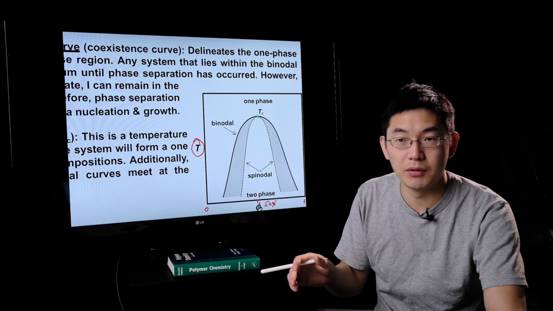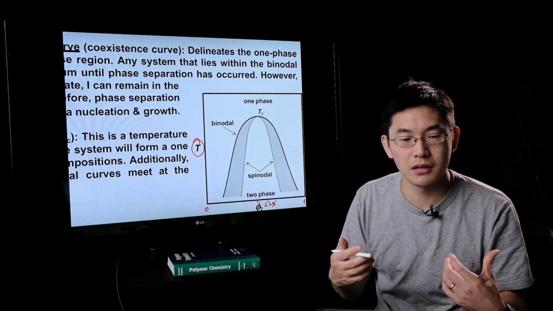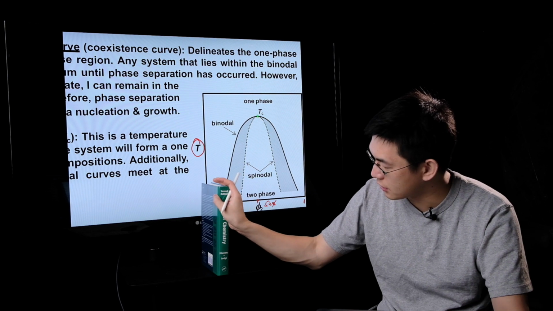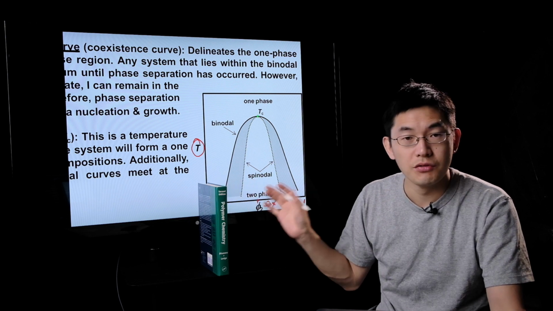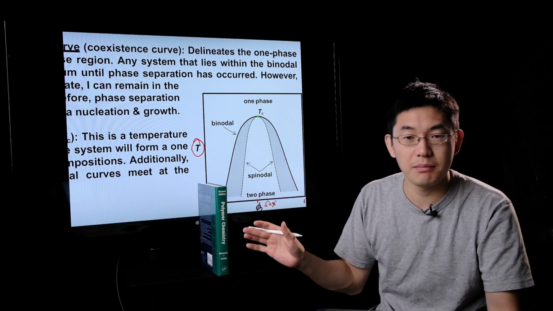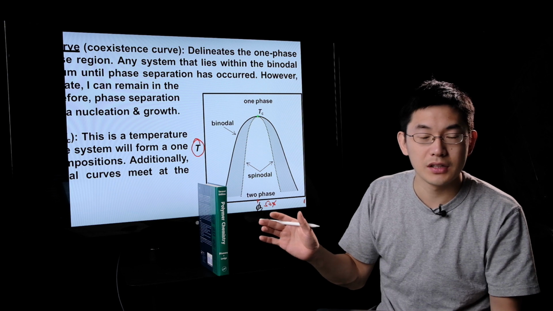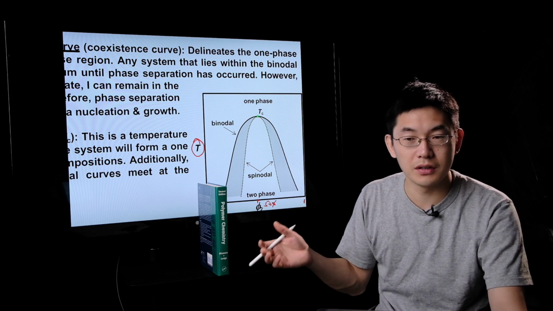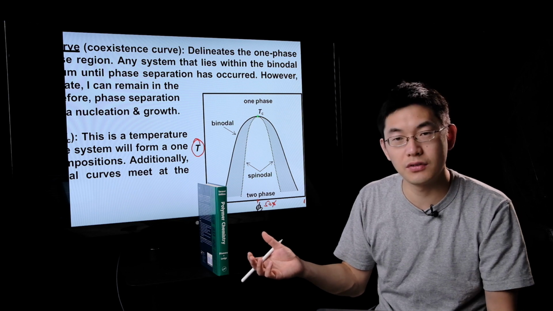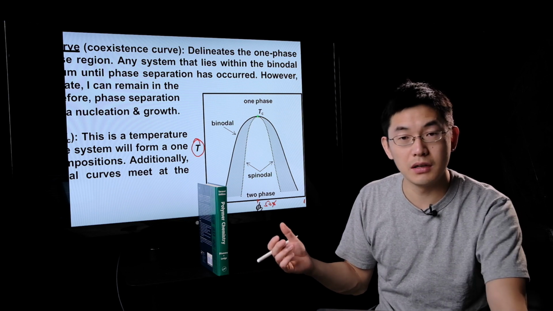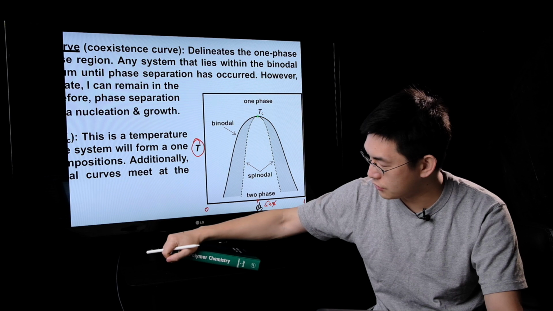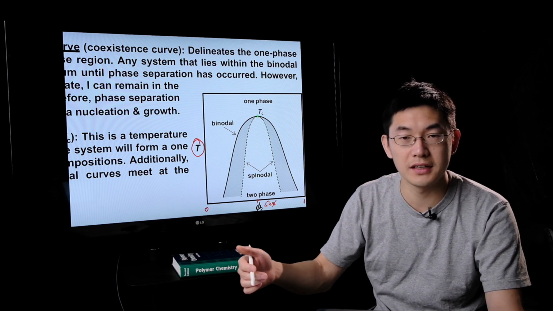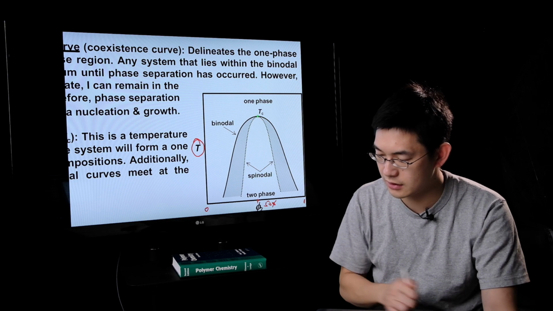It's metastable. If you don't give it any disturbance, it will be happily sitting there, pretty much like the book I showed sitting vertically. But if some disturbance happens, for example, a shake or any external force, then it will be able to phase separate into a lower energy state. So then the binodal state could continue to phase separate into two different states. Okay?